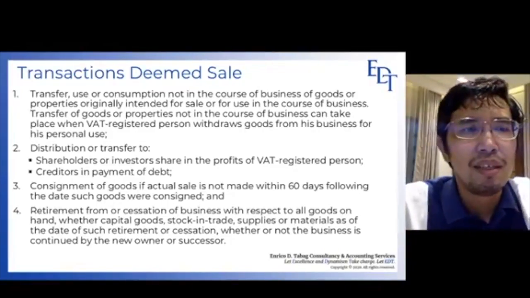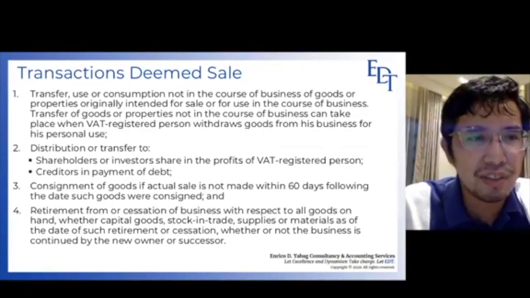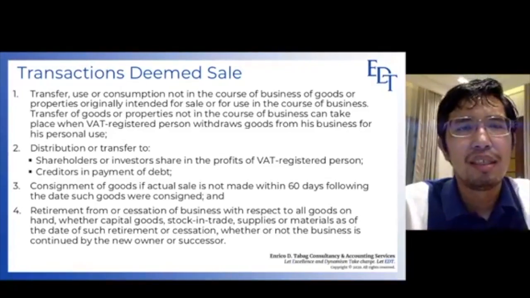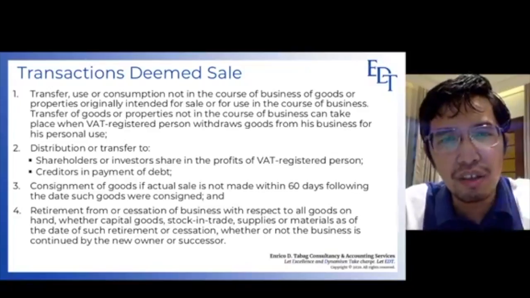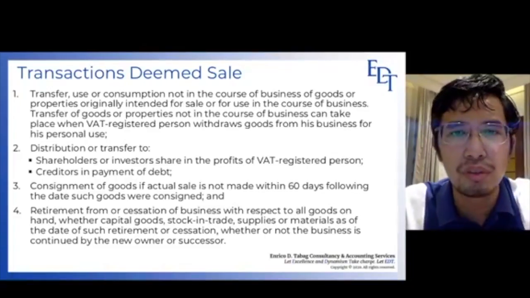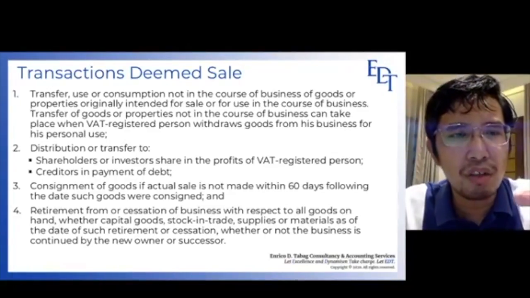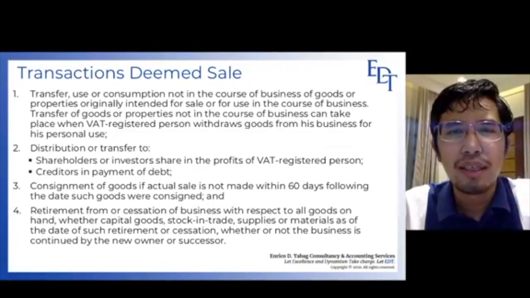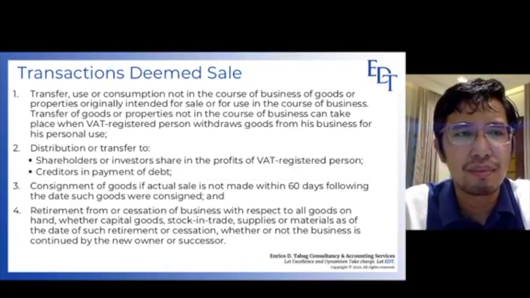Okay. So, first item, transfer, use, or consumption, not in the course of business of goods or properties originally intended for sale or for use in the course of business.